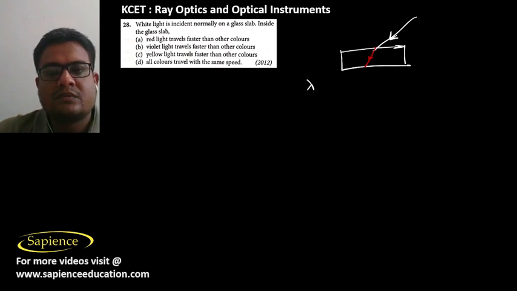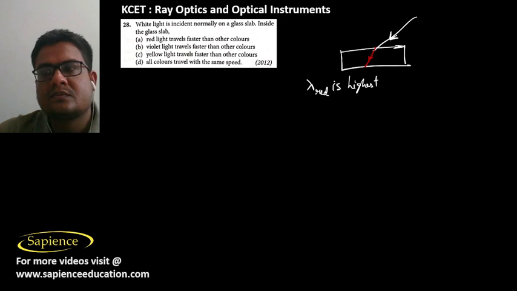So we know that the wavelength of red is the highest, so the refractive index for red is the least.